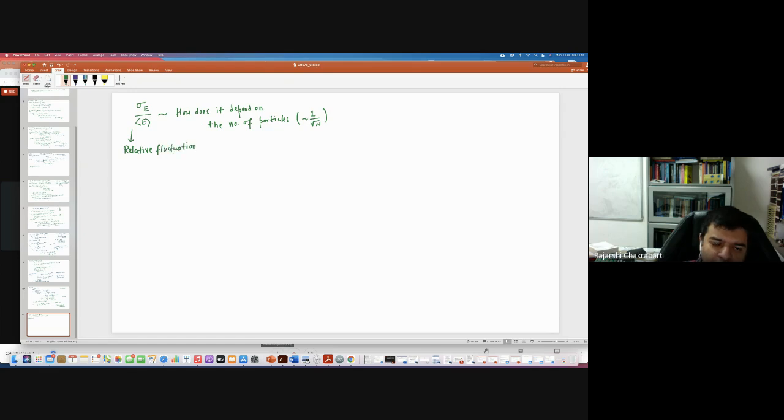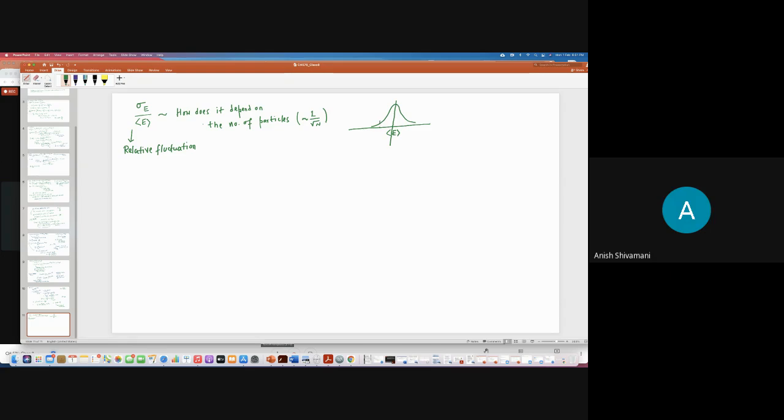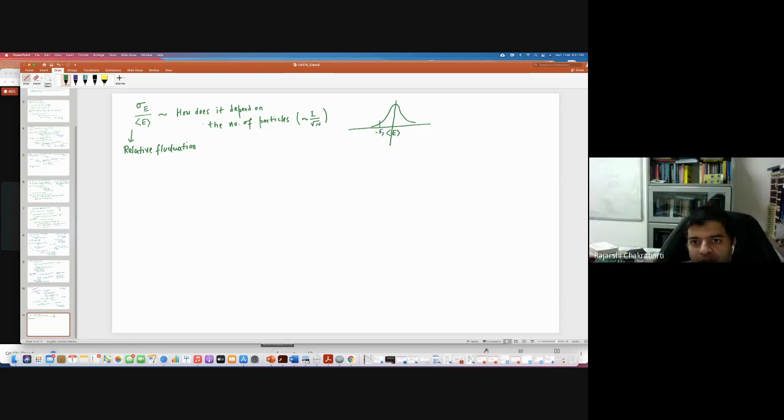Because if I go back to your Gaussian distribution, you remember this will give you E average, and this will give you minus sigma E, plus sigma E. So if I go to a system with more number of particles, your distribution will be narrower.